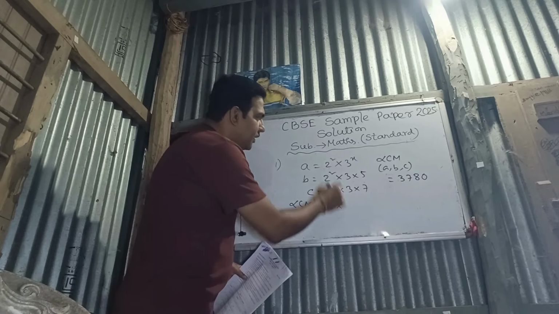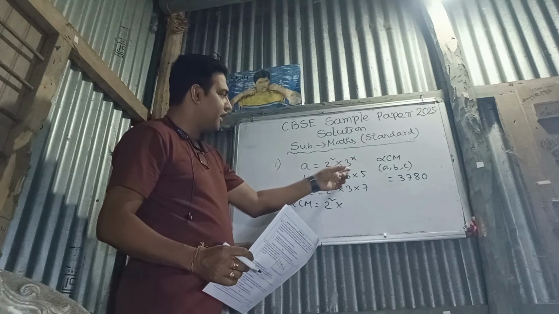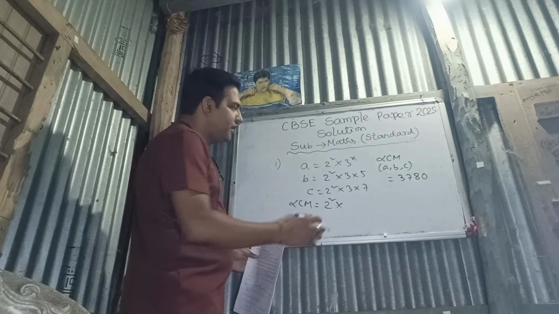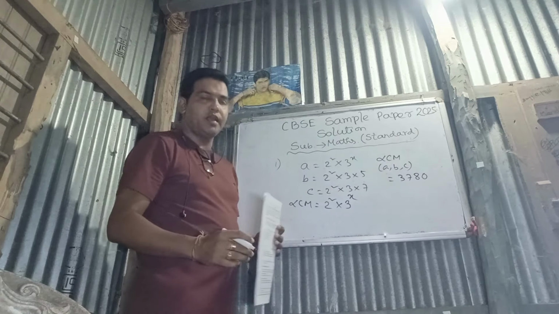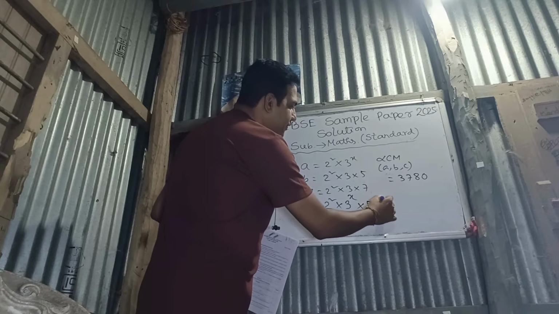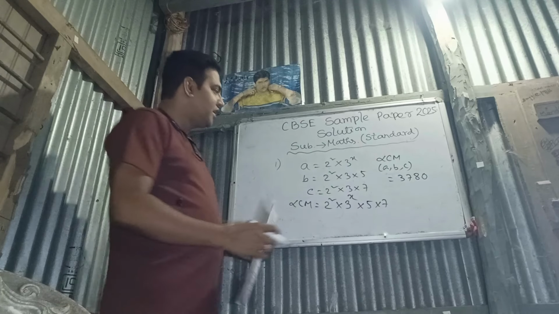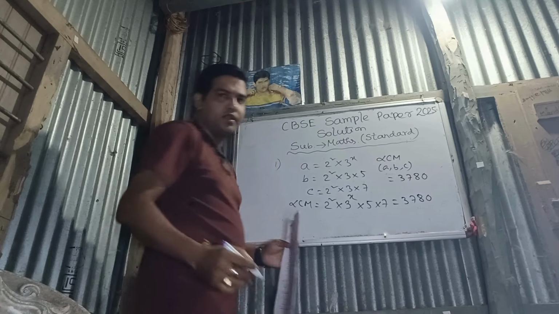Then look at the factor 3. 3 to the power x, 3 and 3. So the term will be 3 to the power x because 3 is there for one time. Also we will have 5 into 7. So that is what the LCM is. Now that becomes equal to 3780.